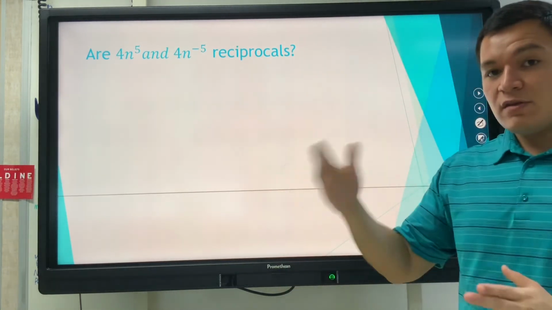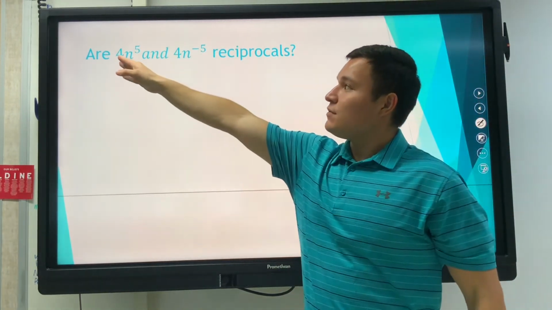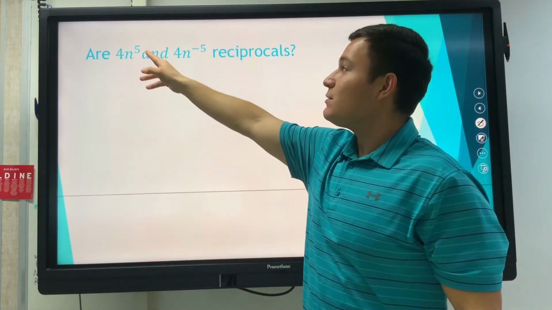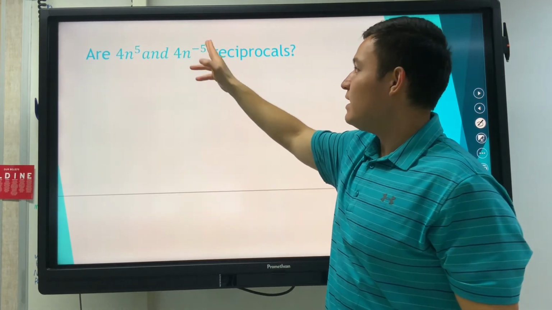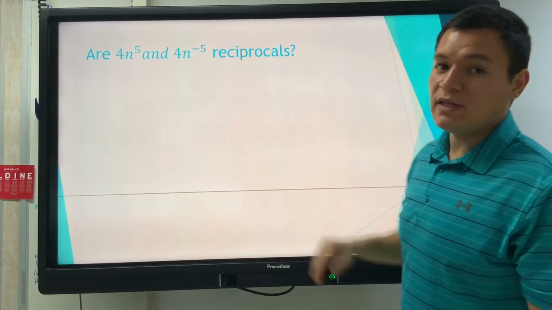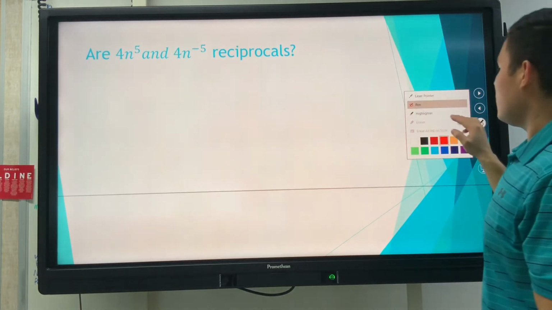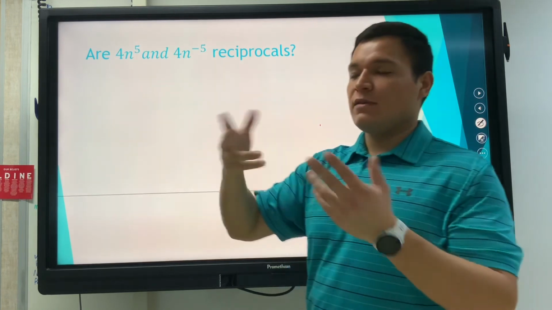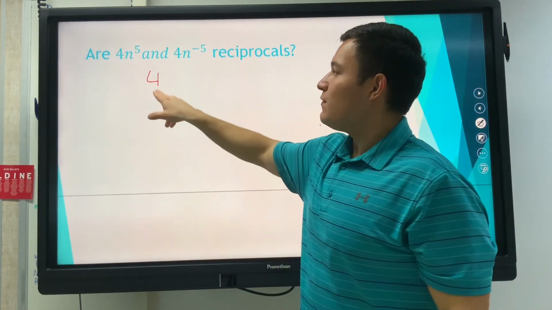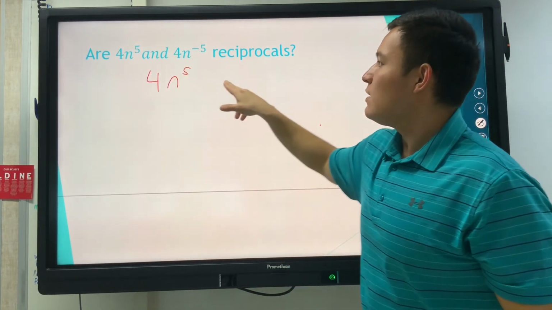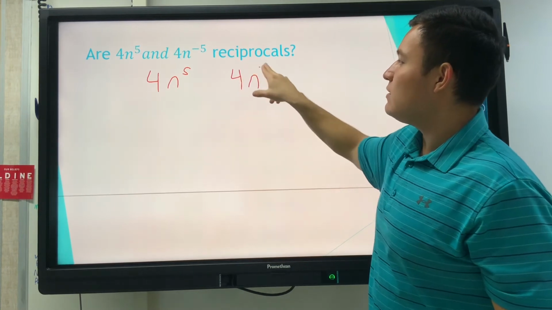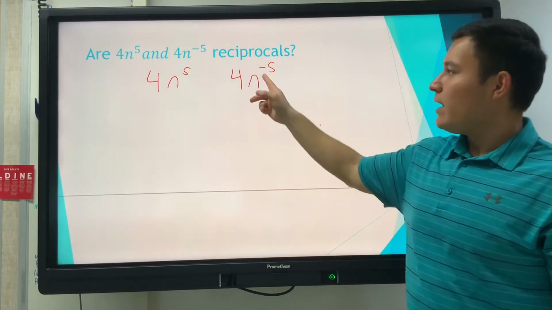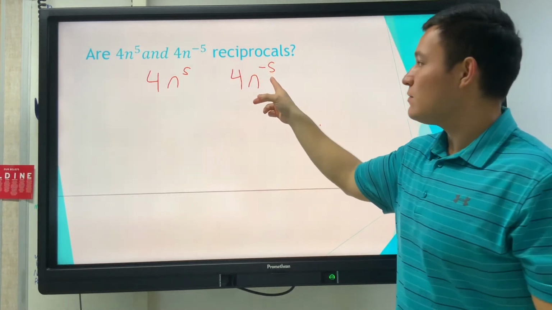To stretch a little bit further, if we have 4 times n to the 5th power and 4 times n to the negative 5th power, are these two things reciprocals? Are they equivalent, just flipped? 4n to the 5th, 4n to the negative 5th. How do you change this power to be positive?